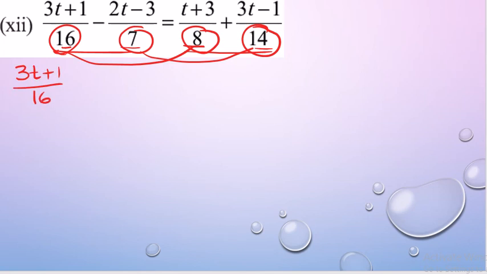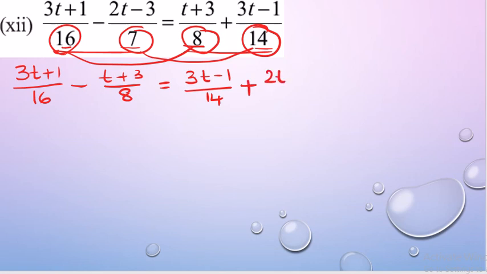Already 16 is on the left hand side, I will be transposing this t plus 3 by 8 onto the left hand side. So it becomes minus t plus 3 by 8. So already 3t minus 1 by 14 is on the right hand side. So I can transpose this 2t minus 3 by 7 onto the right hand side. So this becomes plus 2t minus 3 by 7.